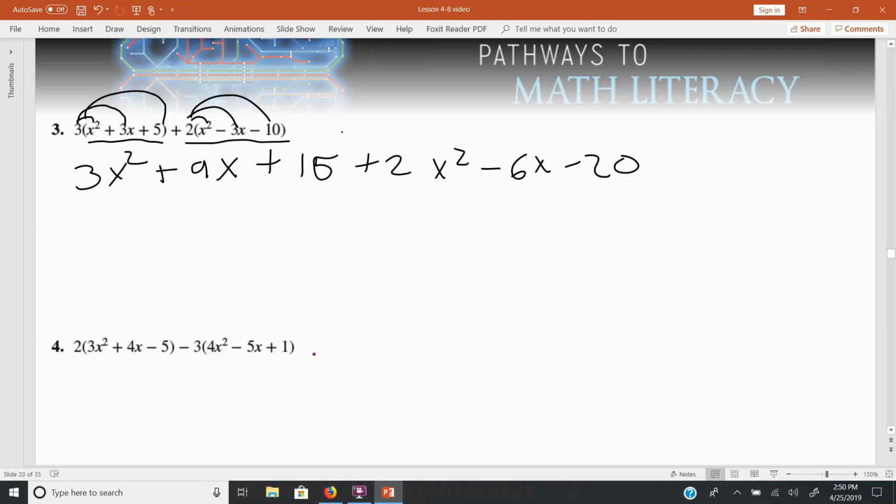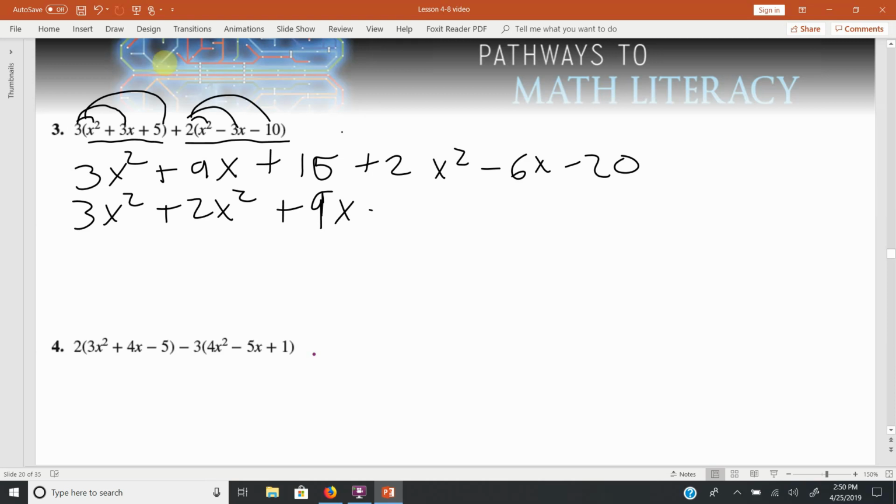So now I have my polynomial, or my sum of polynomials. I have it without the parentheses, and I can rearrange it now so that I can combine the like terms.